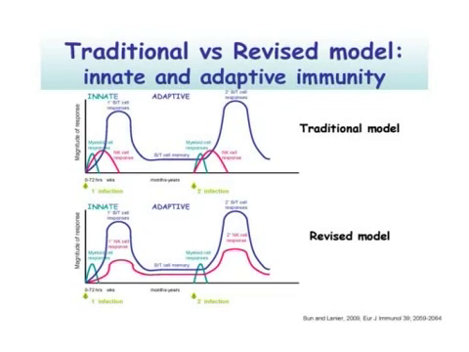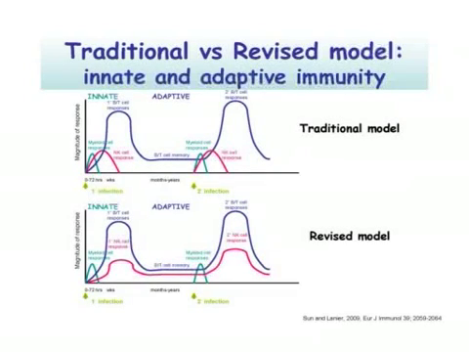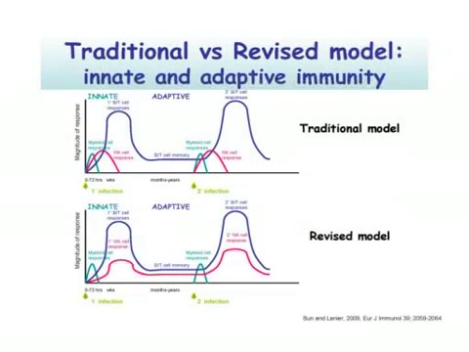It then drops off, and this is a period of really where you have the development of B cell or T cell memory. And then once again, when you have secondary exposure or secondary infection, the same thing happens with the innate response. It's always been considered as you have an increase in activity, it does what it needs to do, and the response dies down. There's no memory of that.